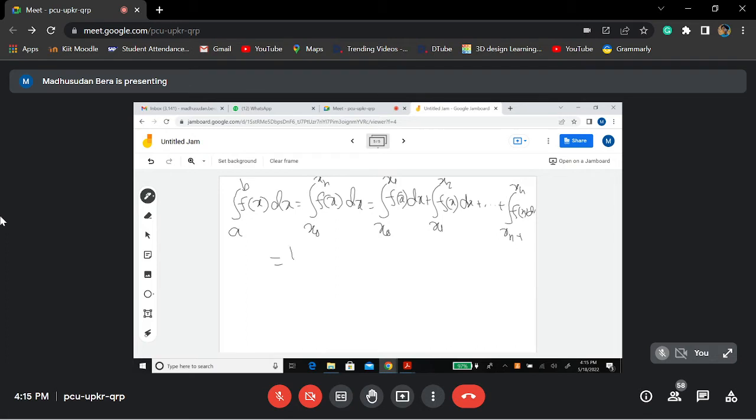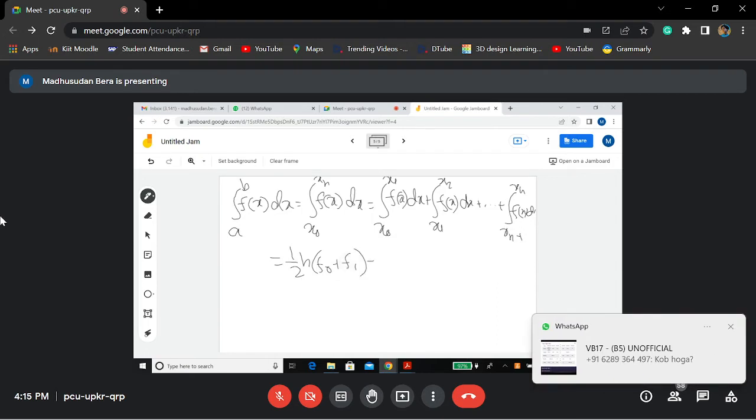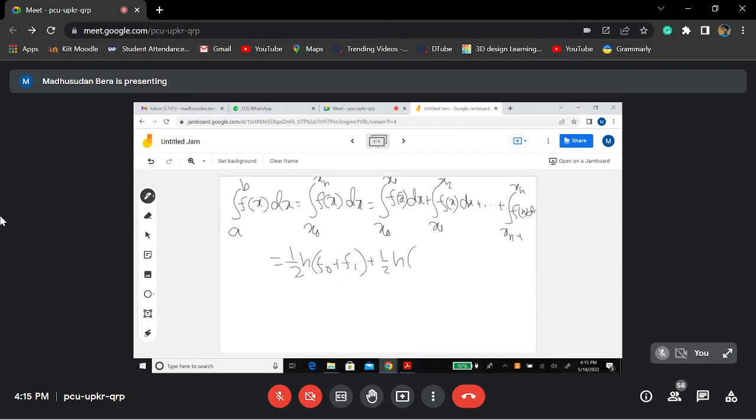First one is half into, I am writing h first, f0 plus f1, then half h f1 plus f2. That way it will continue half into fn minus 1 plus fn. So it will be h by 2 common.